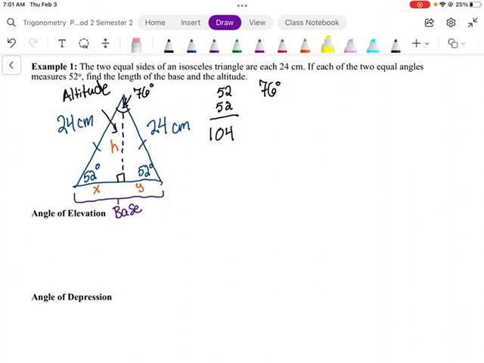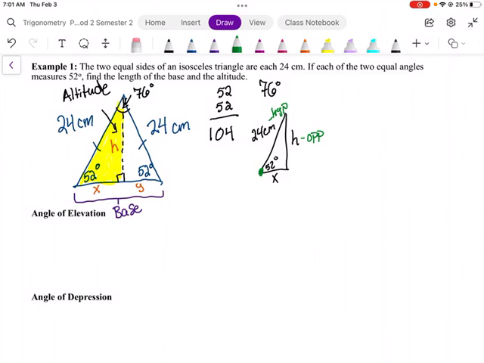So if we start with just this triangle on the left side, we can figure out a few of those distances. So for that triangle, we know we have x here, the height there, and this is 24 centimeters, and our angle is 52 degrees. So if we were to solve for the height first, that's our opposite side, and we know the length of our hypotenuse.